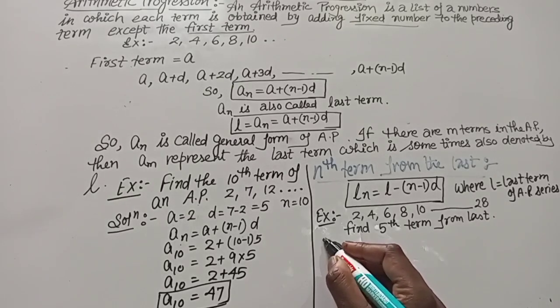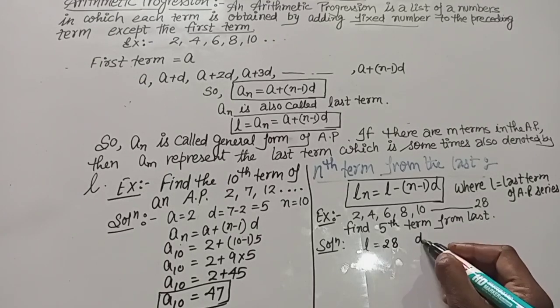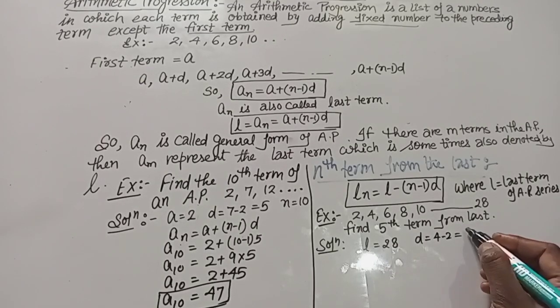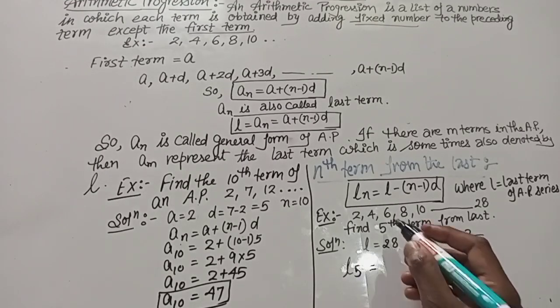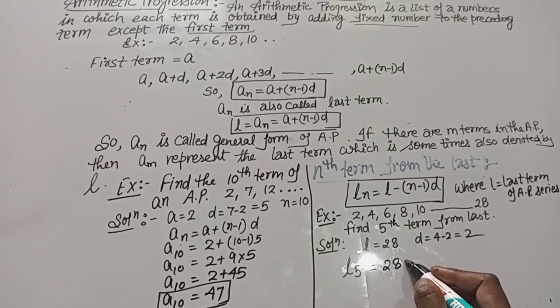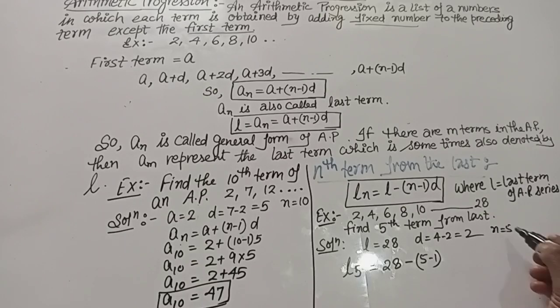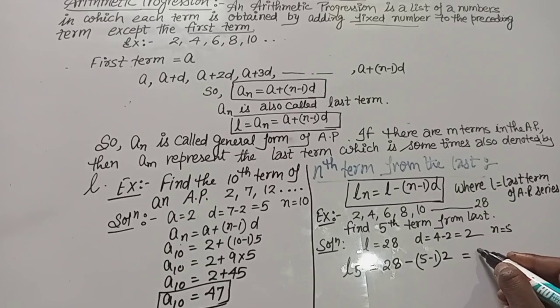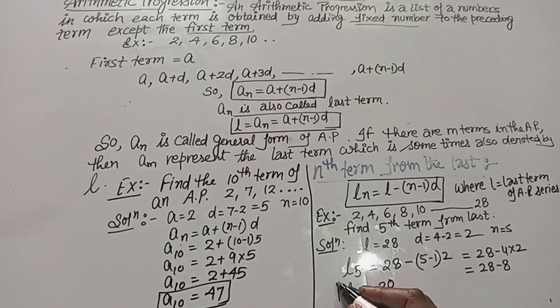So here the solution is: L is equal to 28, d is equal to 4 minus 2 is equal to 2. So the fifth term from the last, l5, is equal to L, which is 28, minus (5 minus 1) into d, where n is equal to 5 and d is equal to 2. So you can write 28 minus 4 into 2, that is 28 minus 8. So l5 is equal to 20.